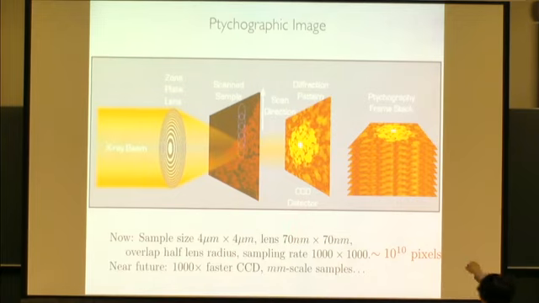So in the very end, for this small sample, you will get 10 to the 10 pixels. And in the near future, by near future, we mean the Q4 season this year, we will get a much faster CCD so that the data will become much larger, 1,000 times larger. And we are going to scan millimeter scale samples.